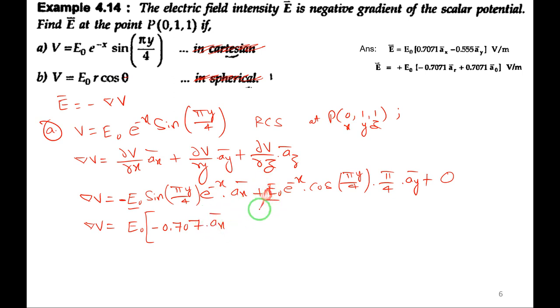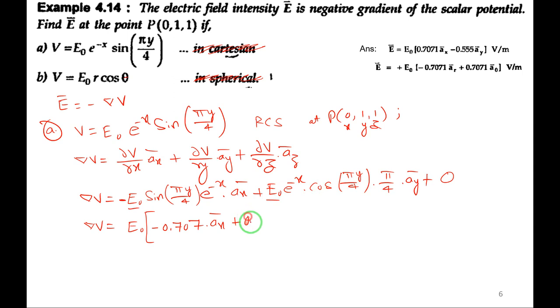Then next, E naught is taken out. So plus, once again x is 0, so this will be 1. Then cos of 180 degrees divided by 4, since my calculator is in degree mode and I substitute pi as 180 degrees.